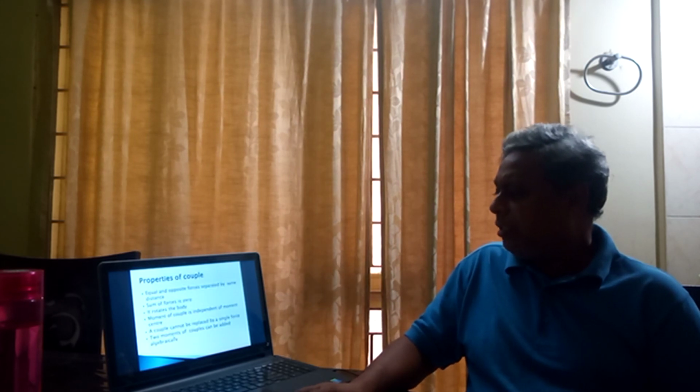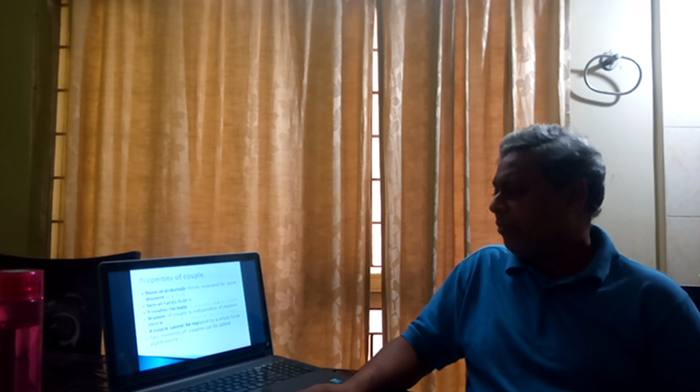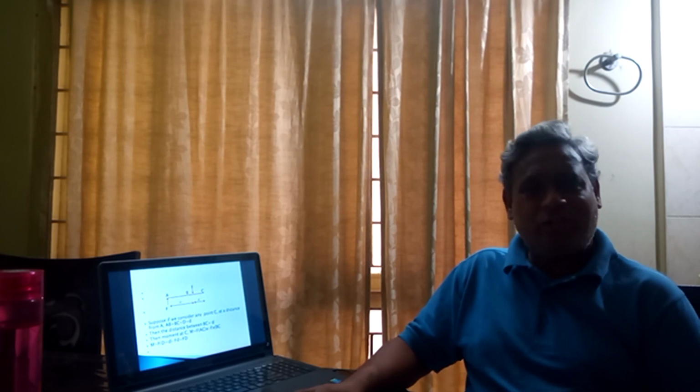If we remember this figure, this figure illustrates this point, that the moment at any point due to a couple is the same, whether it is at C, or at any other point D, or at point A, or any point Z. As I said, for the sake of simplicity, we can also find the moment at any point in the universe. The force into that distance gives the moment.